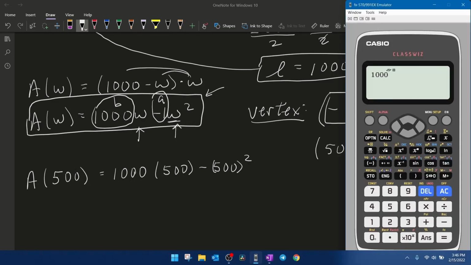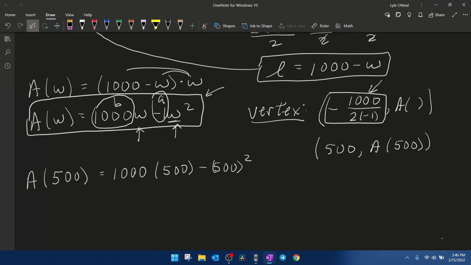That's 250,000. 250,000 square feet will be our maximum area.